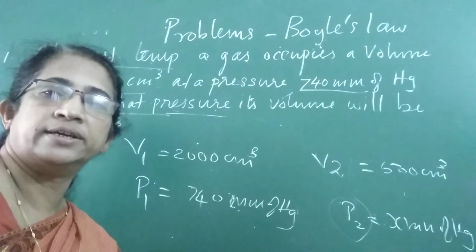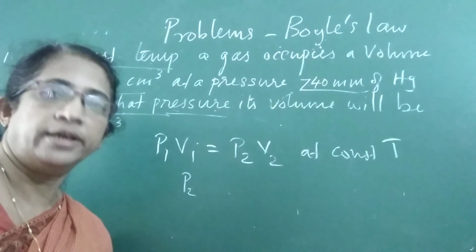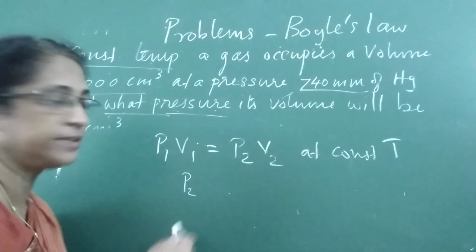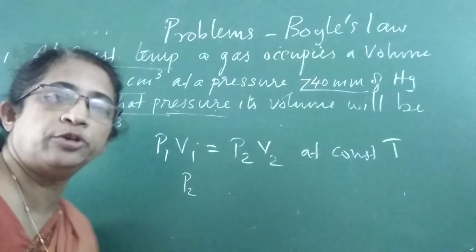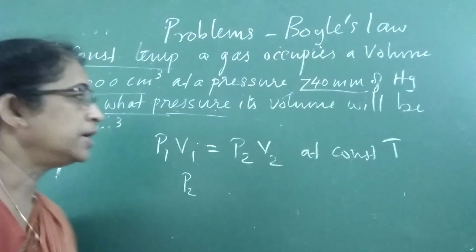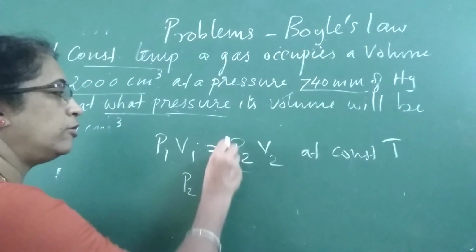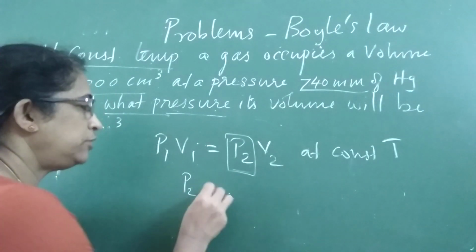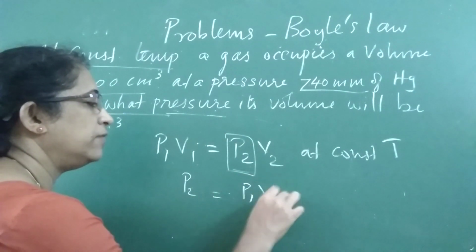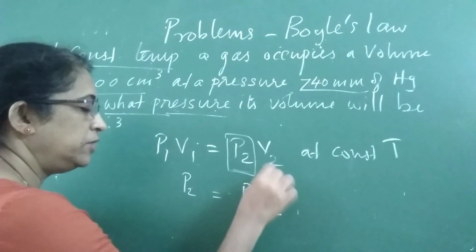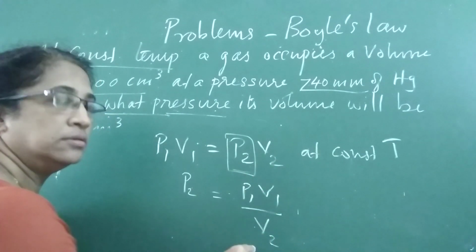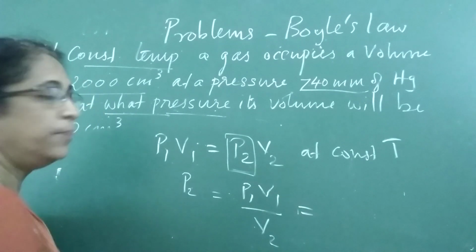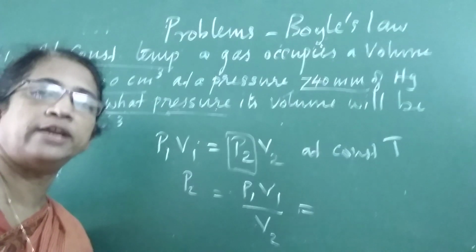Then write the equation. Boyle's law equation is P1 V1 is equal to P2 V2 at constant temperature. In this question, which parameter is unknown? P2 is unknown. So write the expression for P2. P2 is equal to P1 V1 divided by V2, taking V2 to the denominator. Then substitute the values. P1 is equal to, write out the value.